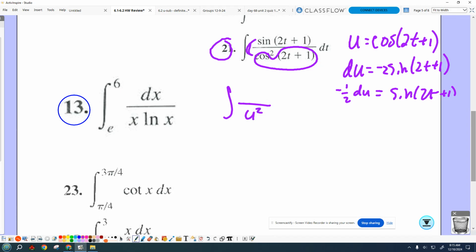That's u, so I want that squared. Sine 2t whatever is negative 1/2 du. Raise the power from -2 to -1, and divide by the power, whatever, changes the sign, and a plus C. So this is 1/2.